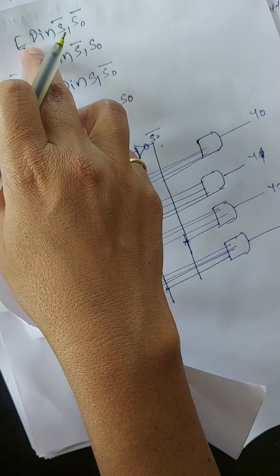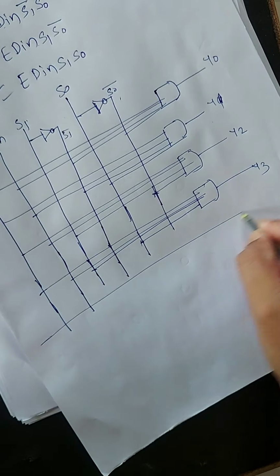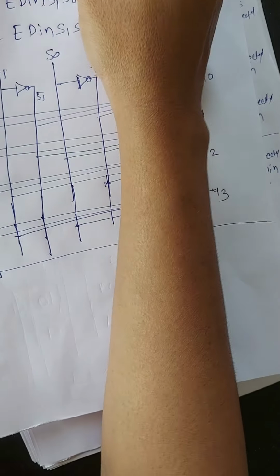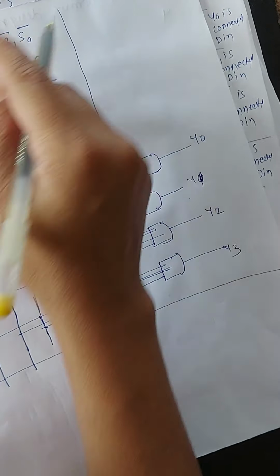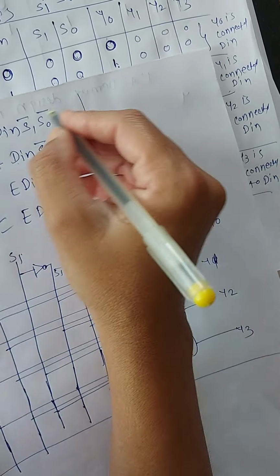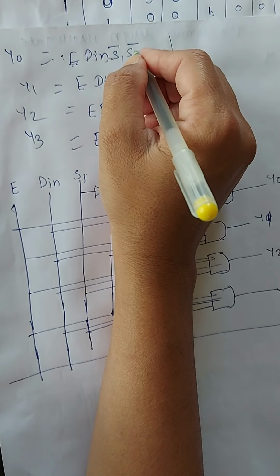So in these equations we first convert to NAND gates. This is our equation Y0: Y0 equals E, D in, S1 bar, S0 bar. We convert this equation into NAND gates.